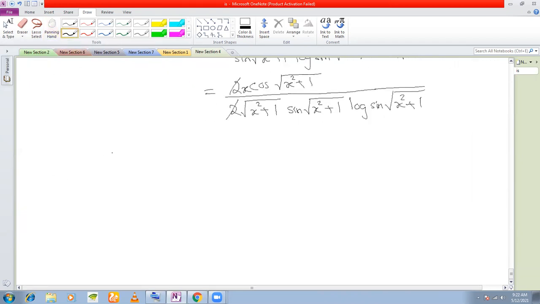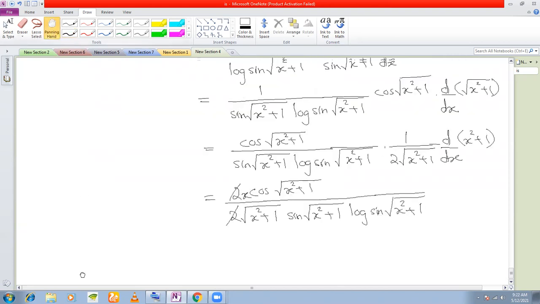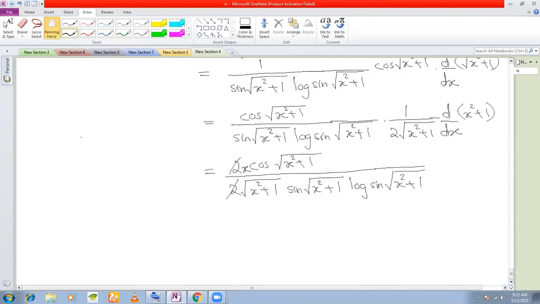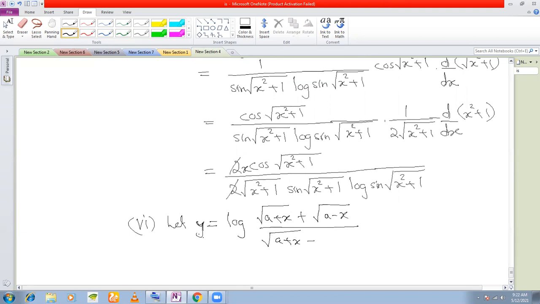And next problem here, this was number 5, next problem here is number 6. Let y is equal to, the function that I gave you here was log of root a plus x plus root a minus x divided by root a plus x minus root a minus x.